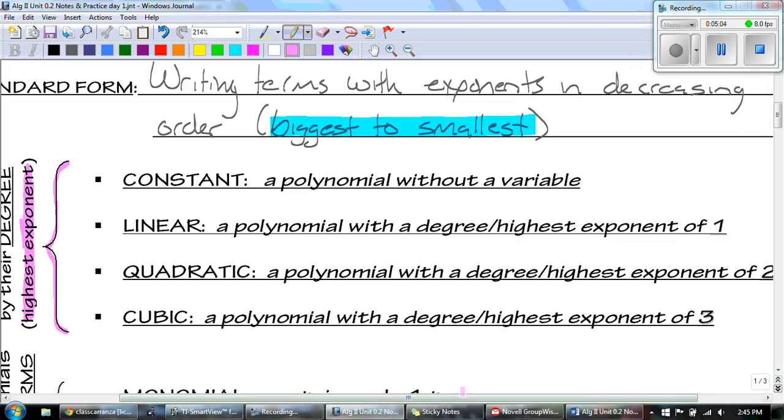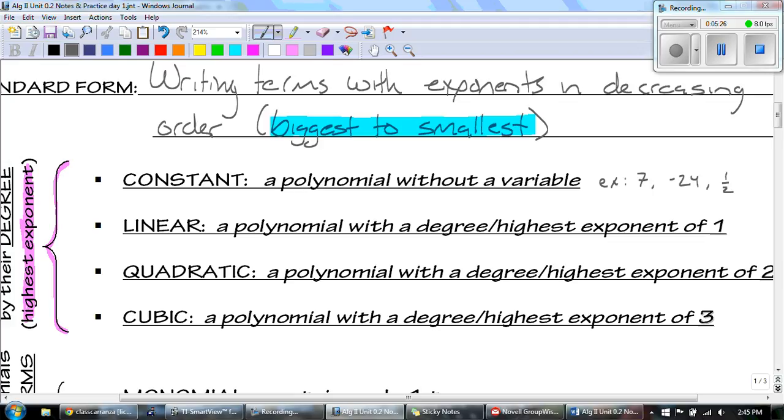So a constant is a polynomial without a variable. An example of that could be the number 7 or negative 24 or 1/2. Anything like that. No variables at all.